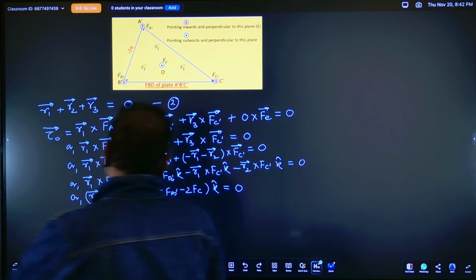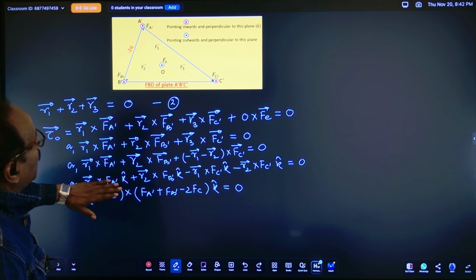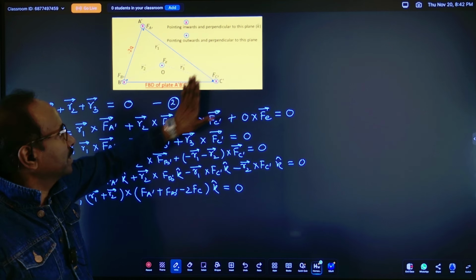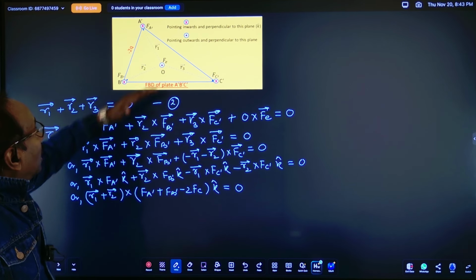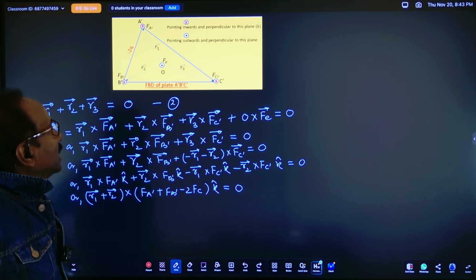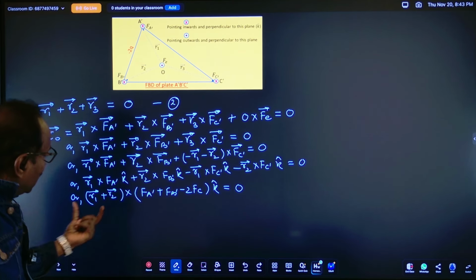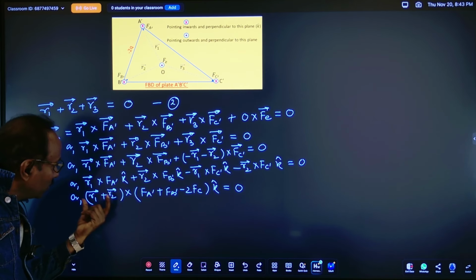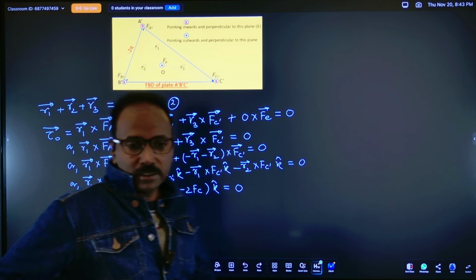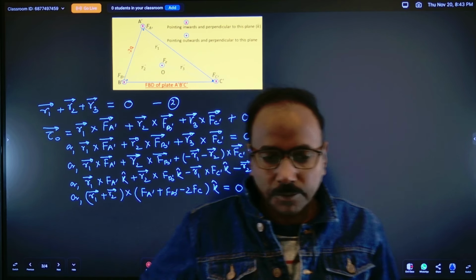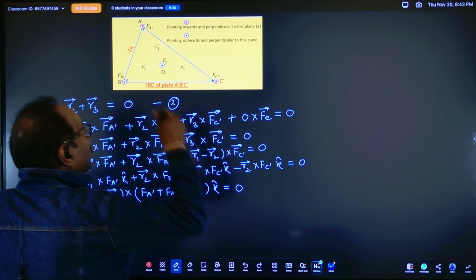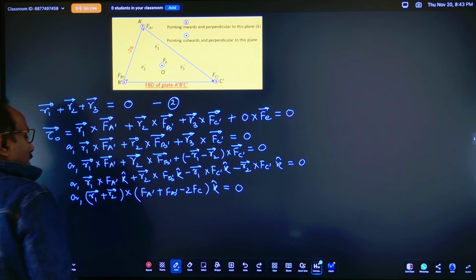Now this R1 plus R2: R1 is in the plane of A prime, B prime, C prime. R2 also is in the plane of A prime, B prime, C prime. So the resultant of R1 plus R2 will also be in this A prime, B prime, C prime plane, whereas k is perpendicular to this plane.